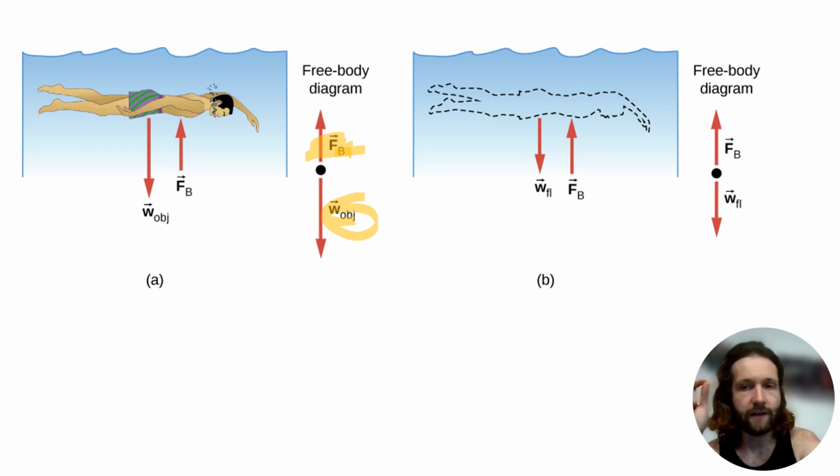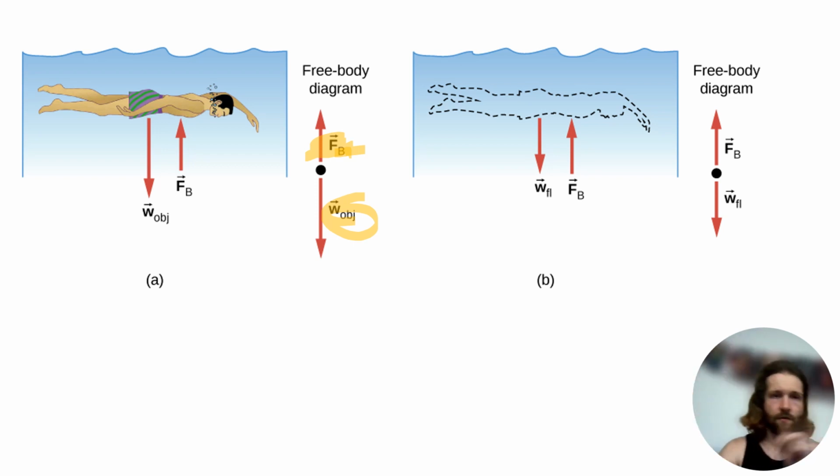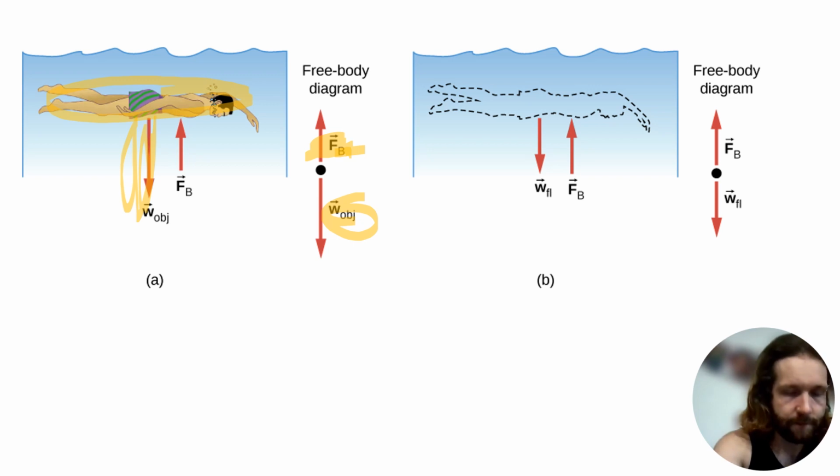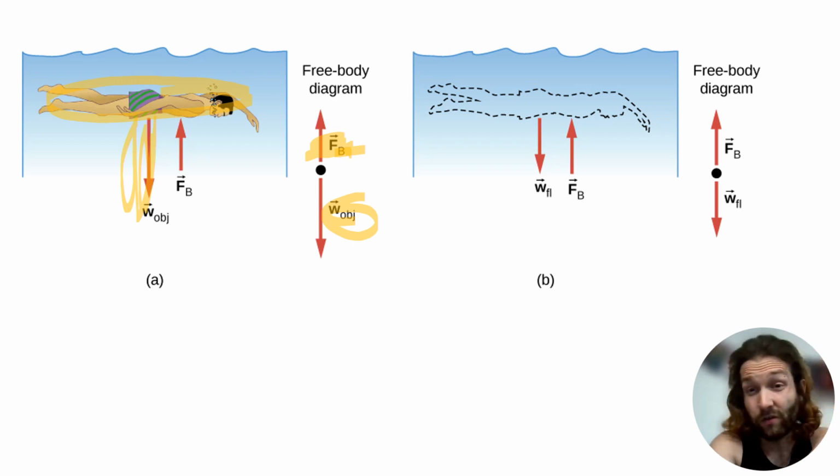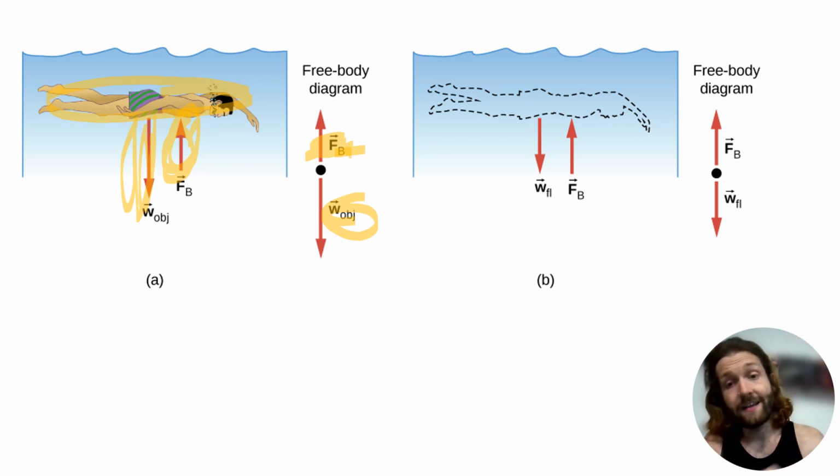Archimedes' principle states that the buoyant force acting on the object is equal to the weight of the fluid it displaced, right? So here I've got the man's weight. The man has displaced an amount of water which is equal to the volume of him, and he has a buoyant force acting upwards which is equal to the weight of the water he displaced.